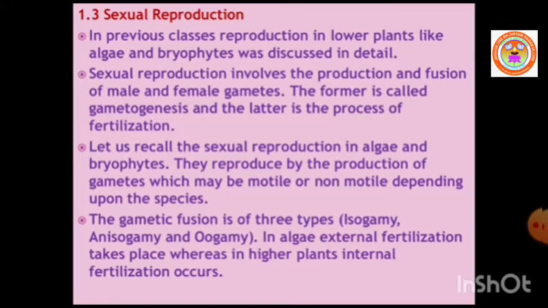There are two types of gametes produced in sexual reproduction in plants, namely male gametes and female gametes. The process by which gametes are produced is called gametogenesis. After the gametes are produced, they are fused. After the fusion, a zygote is formed. So the process of fusion of gametes is called fertilization.